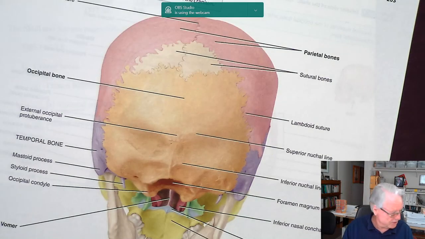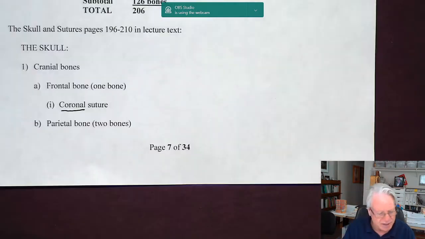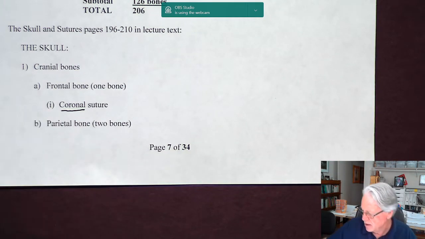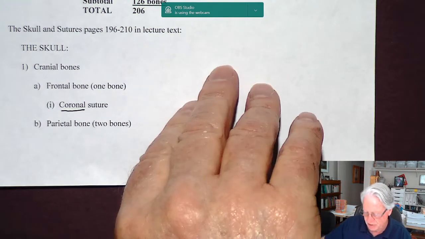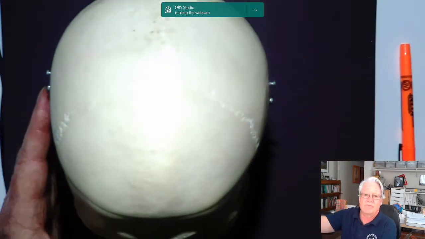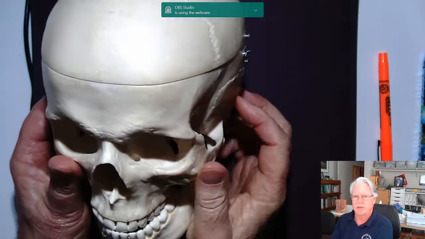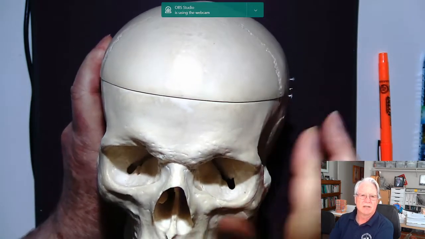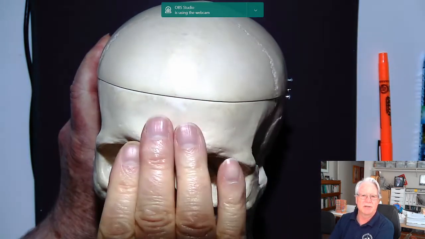Let's move on. We've got enough material so I can turn to the skull and review what we've just looked at using the skull. And let's grab our skull. Pan out. So here we are in the front. It's my frontal bone right here.